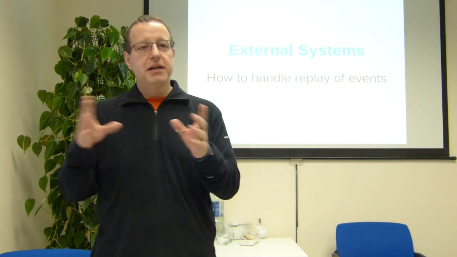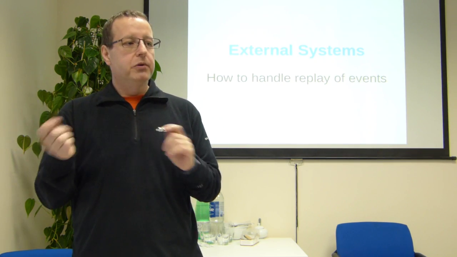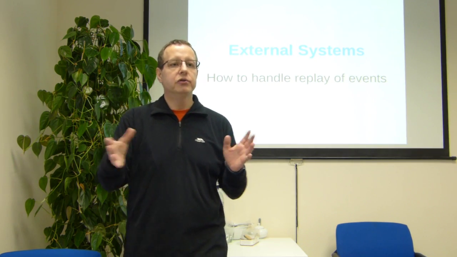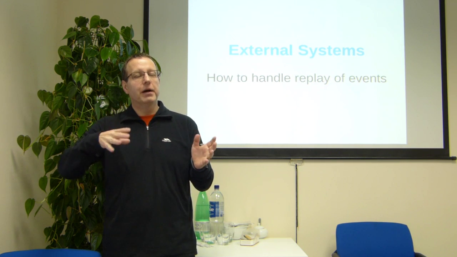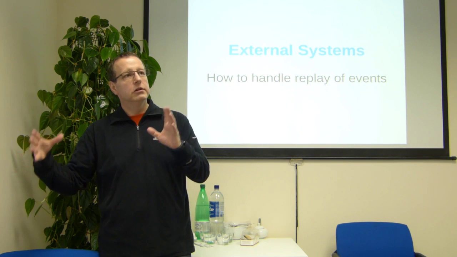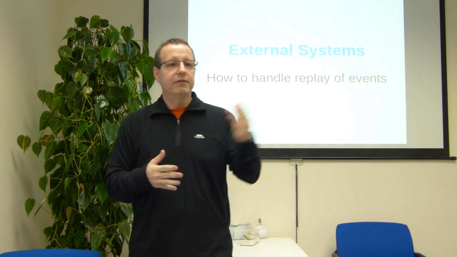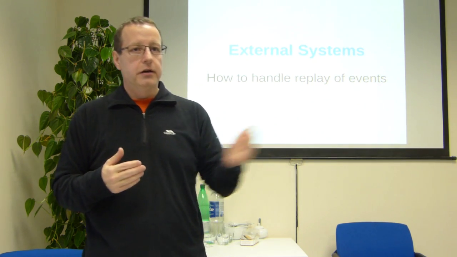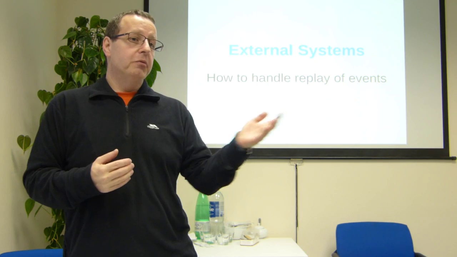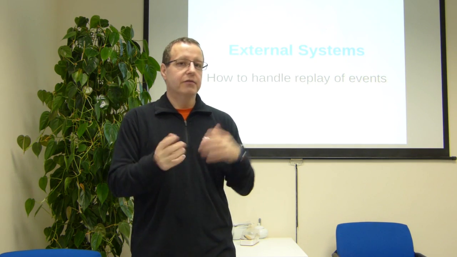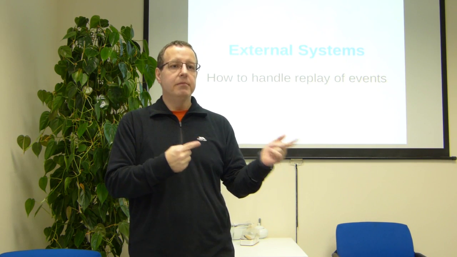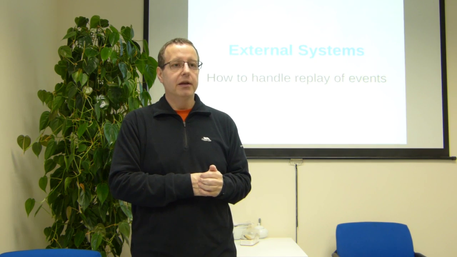Axon does provide some mechanism to say, oh, I'm in replay mode or not, but it's something you just need to think about when you're designing the system. And if you think about, well, how am I going to handle replaying events? Similarly, if you're talking to external systems, they are probably not event sourced. So you have to think about, well, how would I interact with them on a replay?